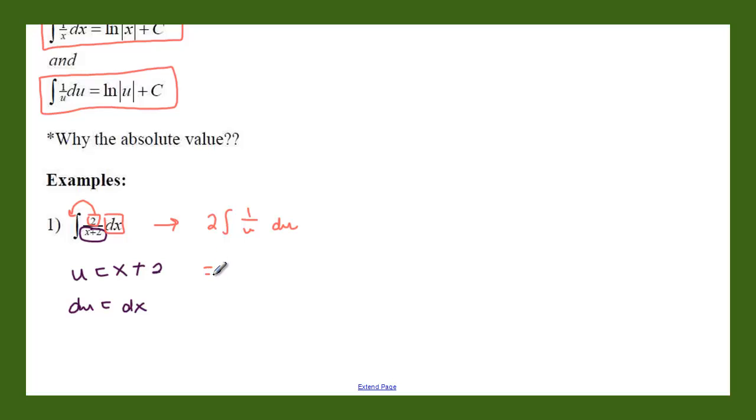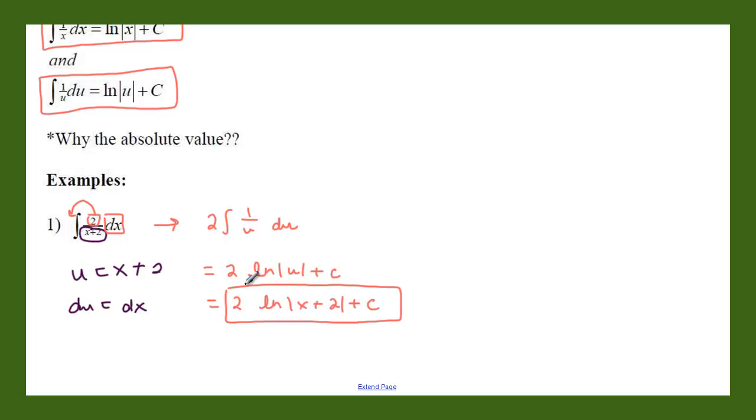Now we can apply our integral rule. This is just 2 times the natural log of the absolute value of u plus c. Then replacing our u function, we get 2 times natural log of x plus 2.